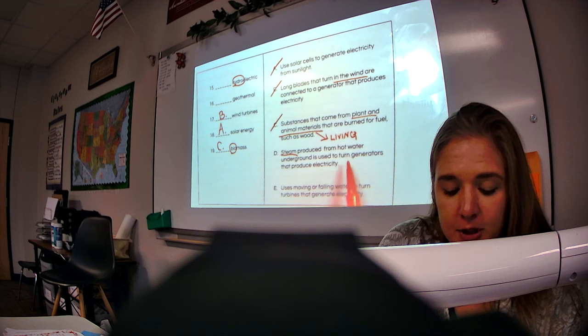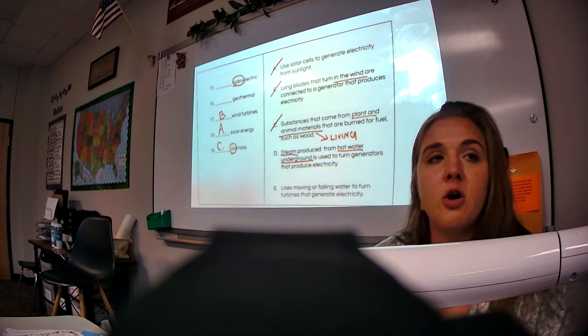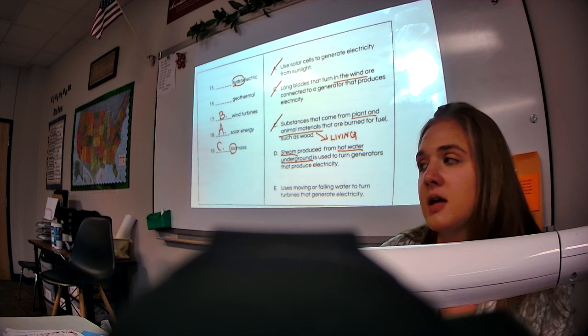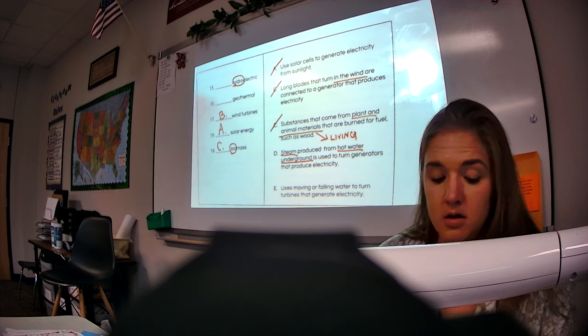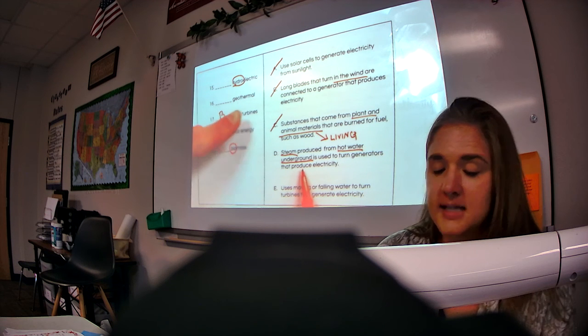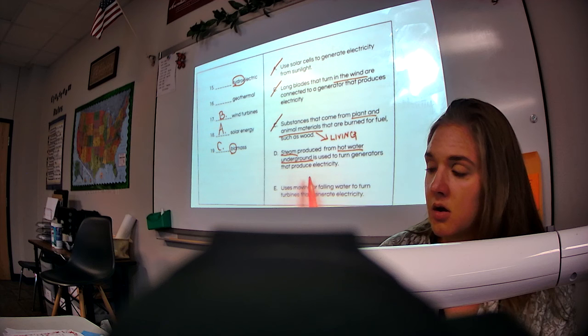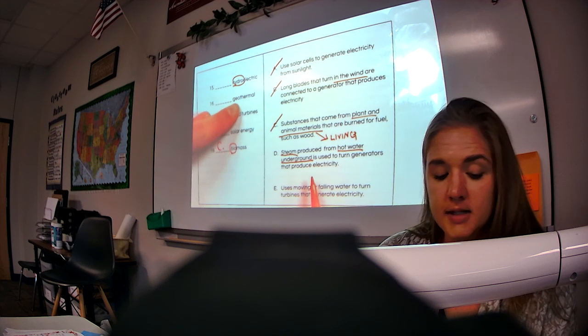Steam produced from hot water underground. That should give you all you need to know. Caleb, what do you think? Hot water from the ground. Which one did I say means heat from the earth? Hydro means water. Geo means earth.